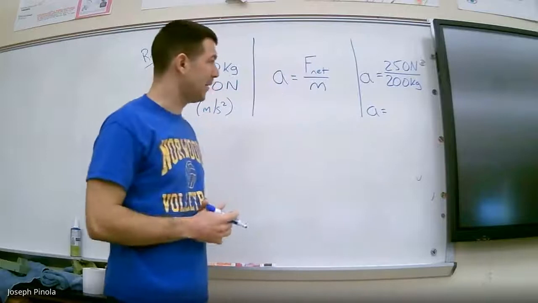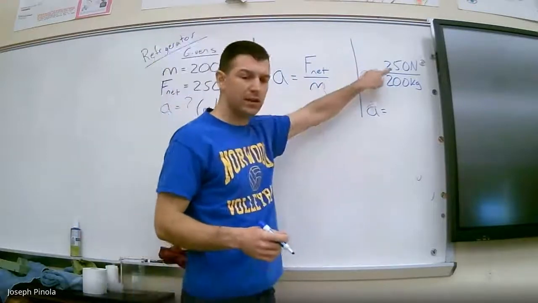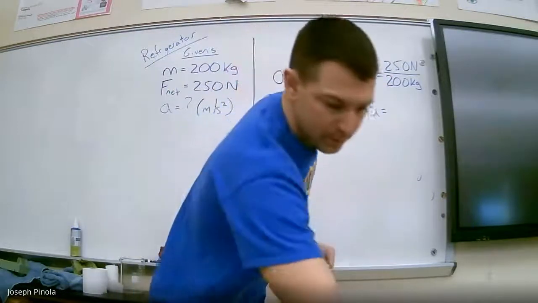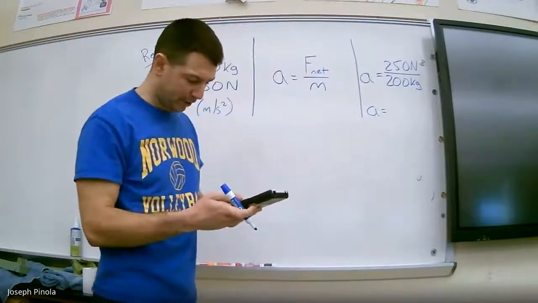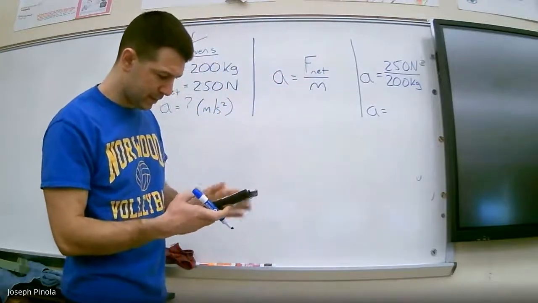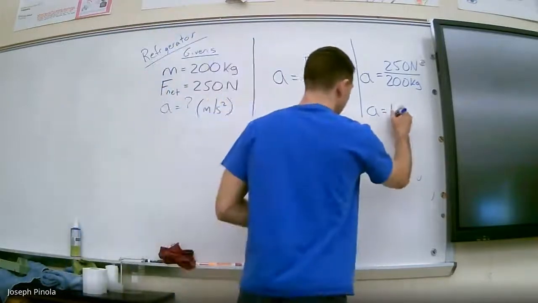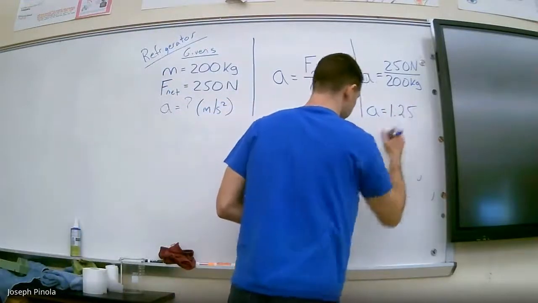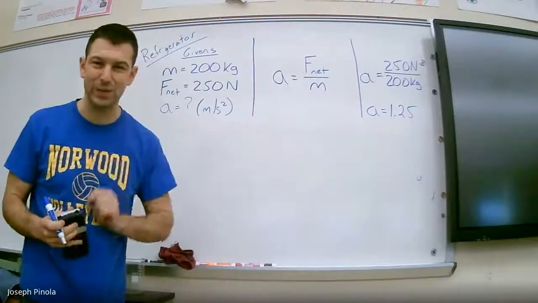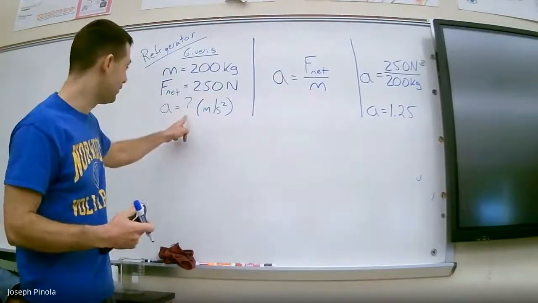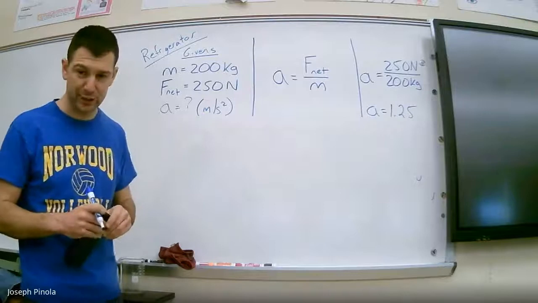Doing my math out, 250 divided by 200. I'm going to plug that into my calculator. And I get an answer of 1.25. But don't forget units for your value. Remember, the units for acceleration are meters per second squared.